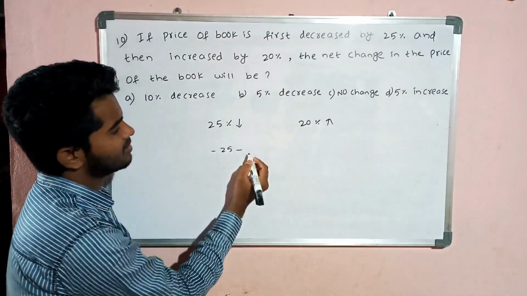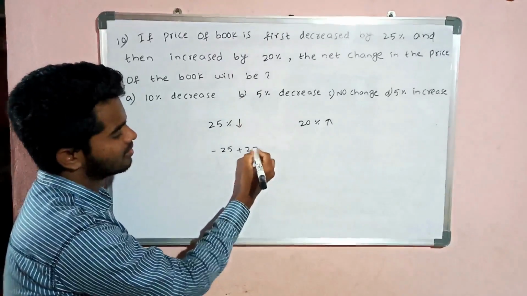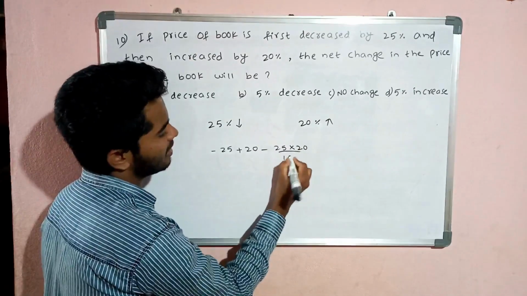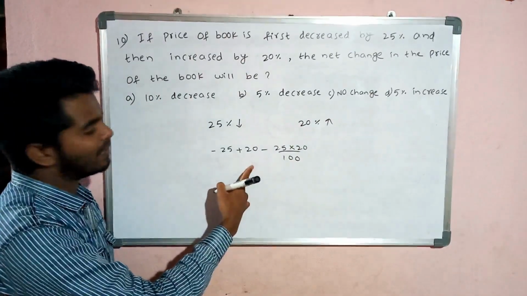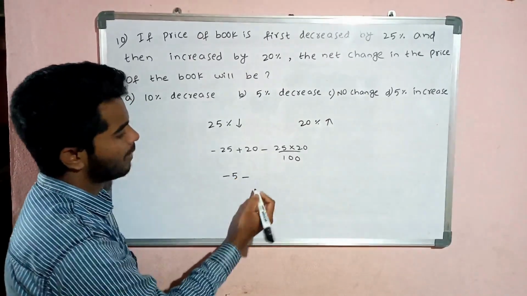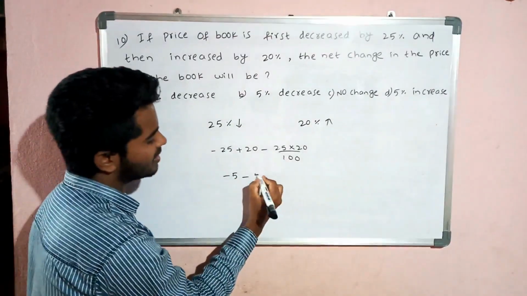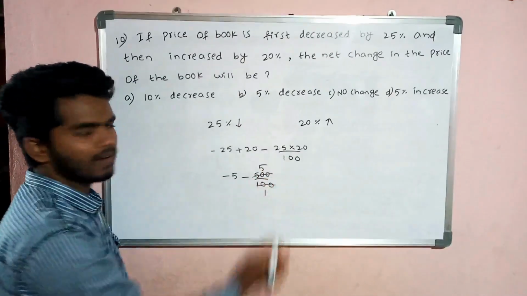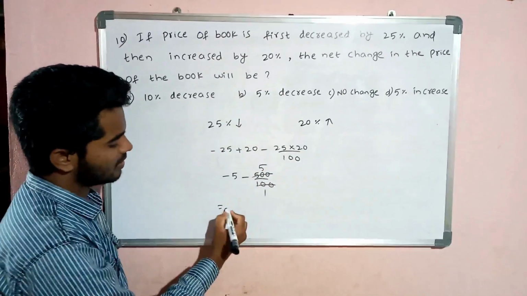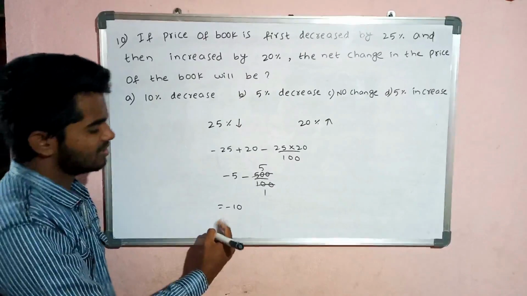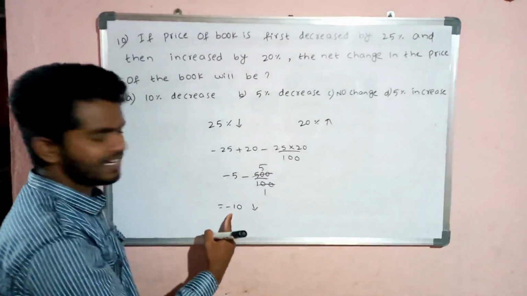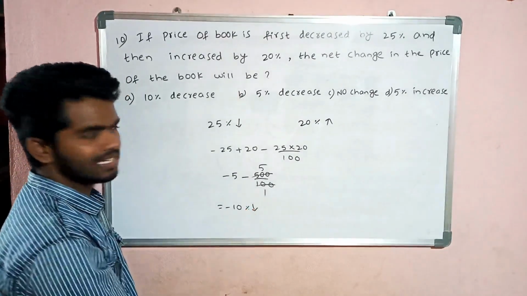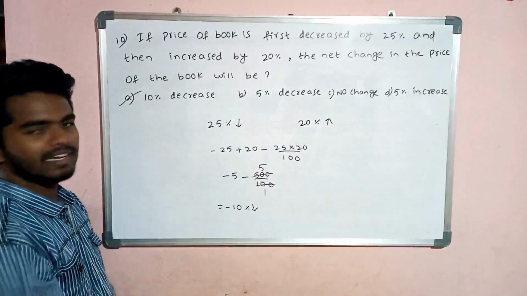Minus 25 plus 20 minus 25 into 20 by 100: minus 5 minus 500 by 100, which is 5, so minus 5 minus 5 equals minus 10. Minus 10 is decreased. Negative indicates the decrease. 10% decreased. Option A.